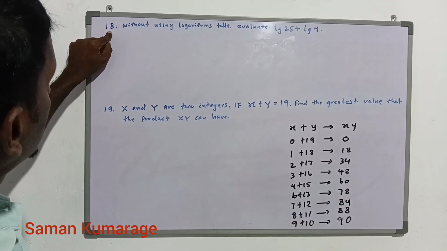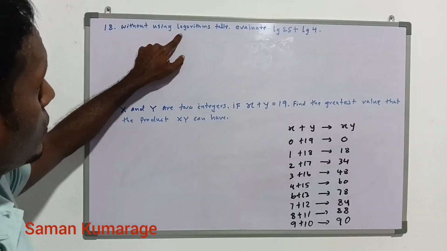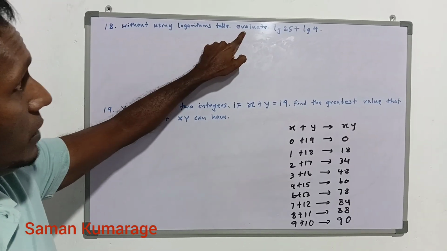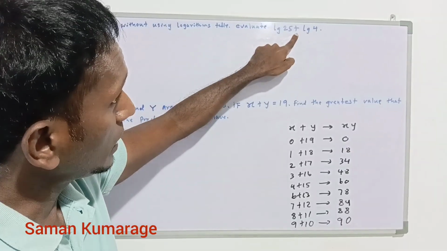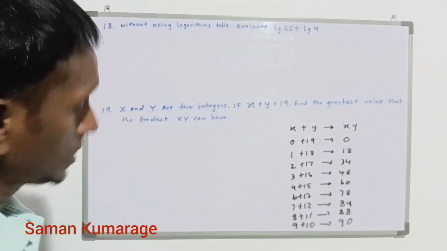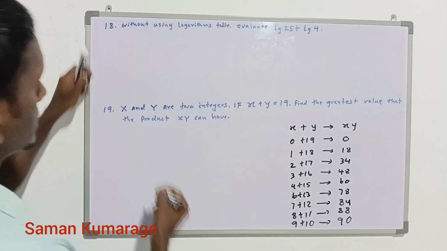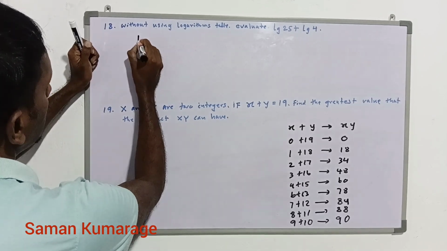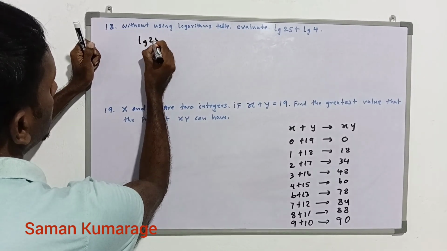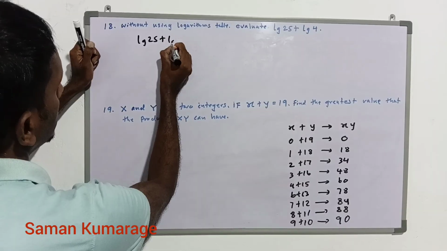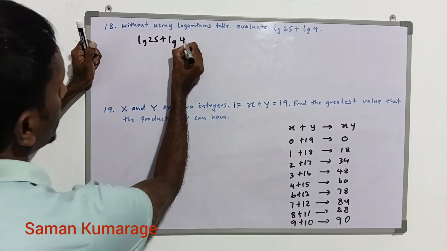18th question. Without using logarithm tables, evaluate lg 25 plus lg 4.